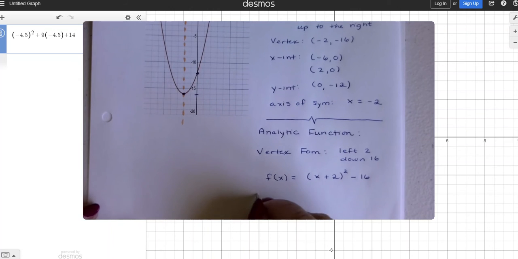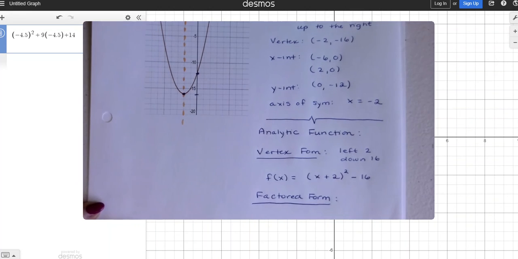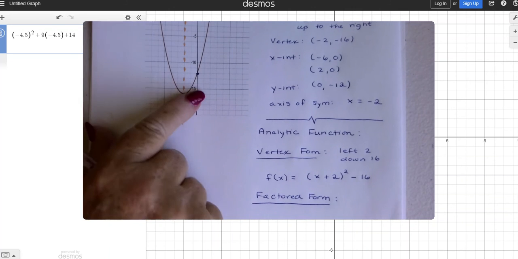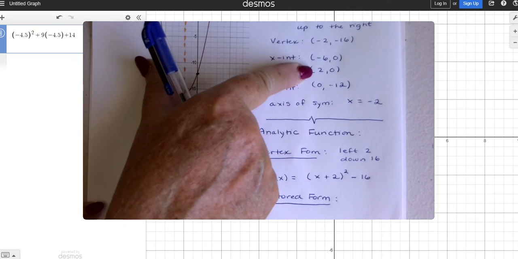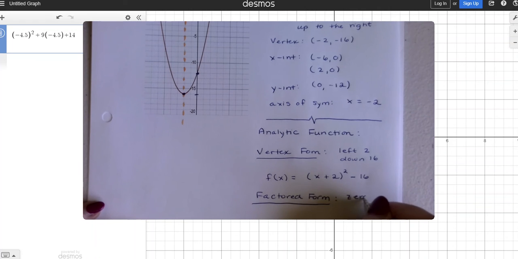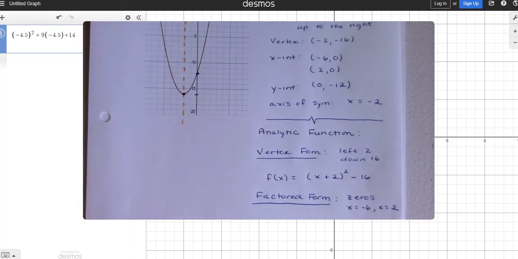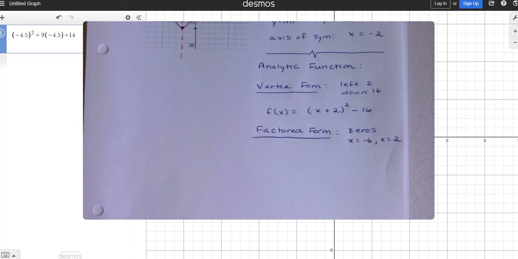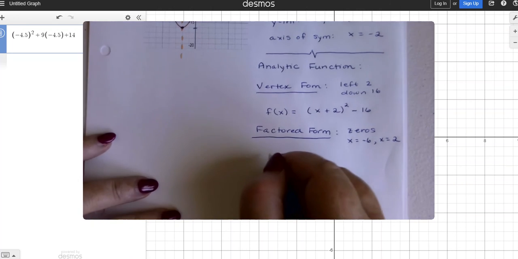What about the factored form? Well, let's see. Because we knew the x-intercepts, we easily know the zeros. They're -6 and 2, right? In order to get those zeros, can you predict what the factored form looks like?